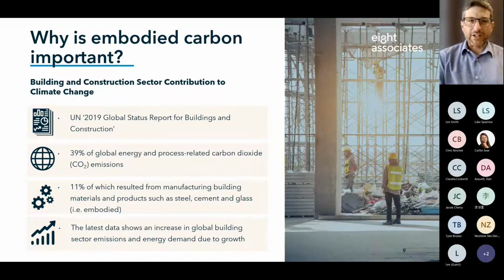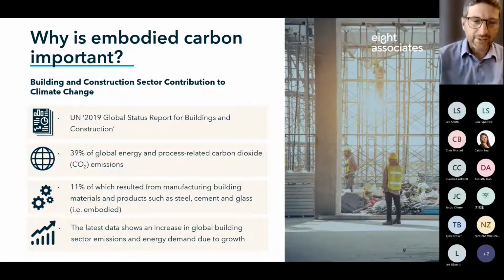So why is embodied carbon an important thing to consider? The UN looked at the emissions for the construction sector and buildings globally back in 2019, and they came to the conclusion that a very significant amount of emissions from buildings comes from the construction process, 39%.